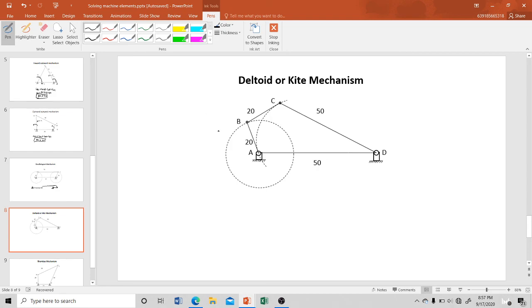The resulting linkage is a crank and rocker mechanism as shown in this figure.